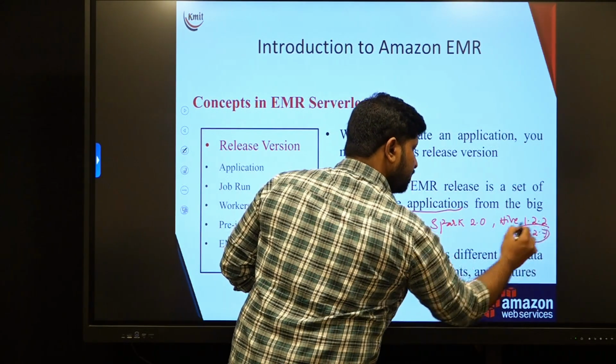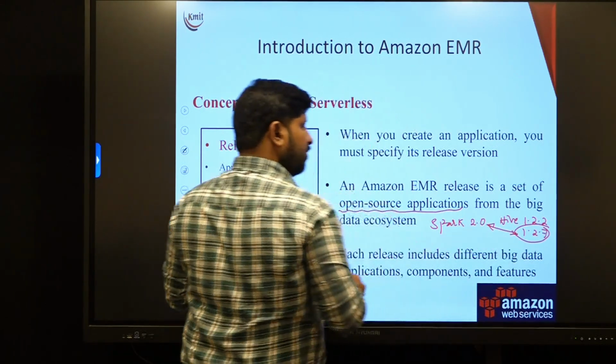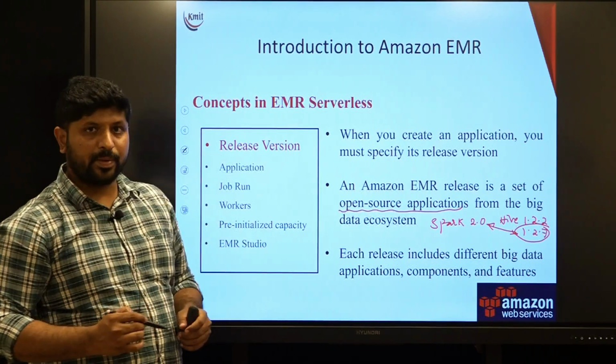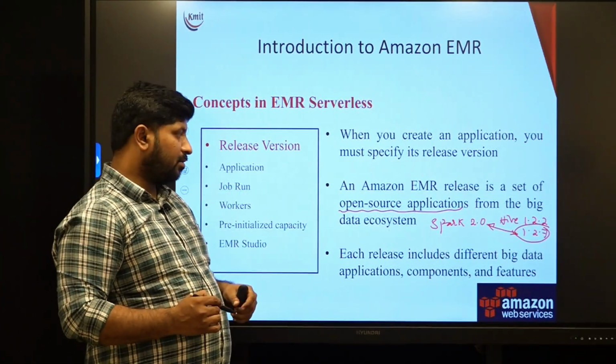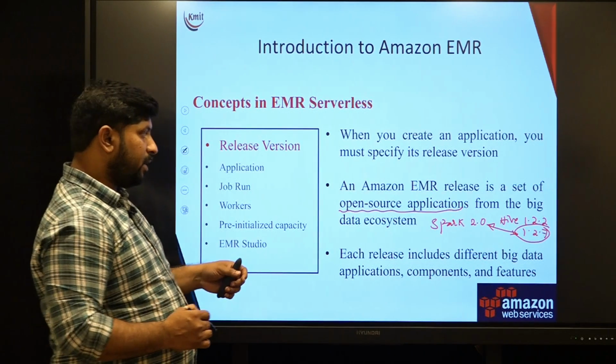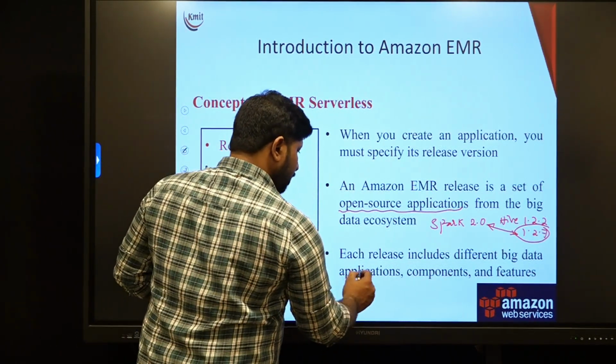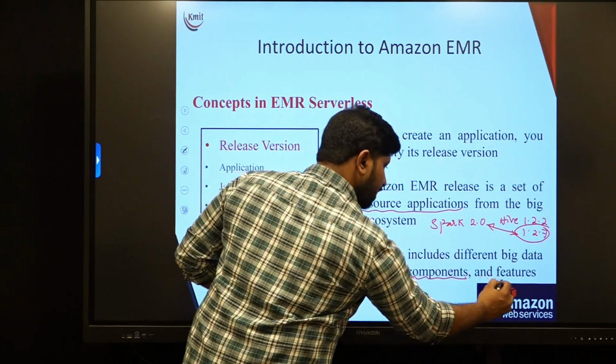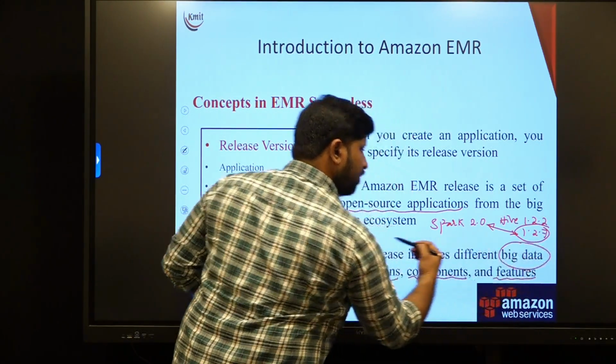These are the various versions which are going to be interlinked with each other, and these open source frameworks are going to be provisioned under various release versions, because here we require different applications or different components or different features to process your big data.